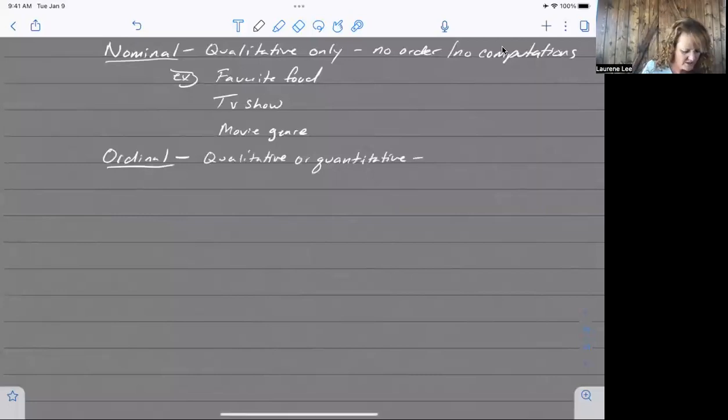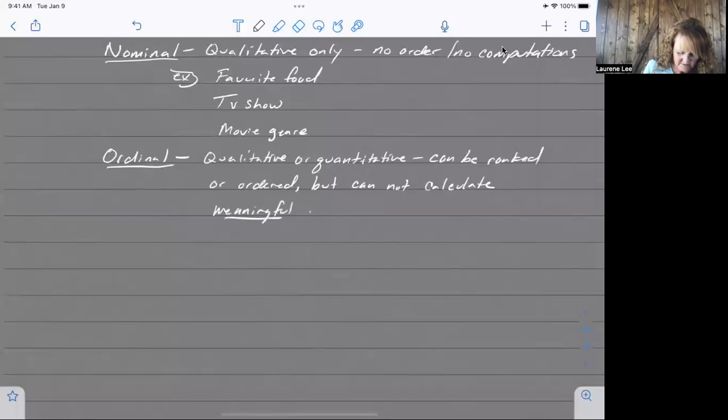So the question here is, ordinal data can be ranked or ordered, but you cannot calculate a meaningful difference between entries.